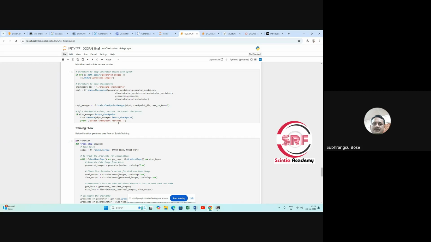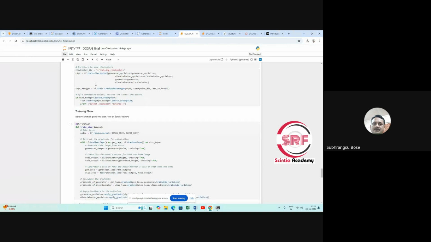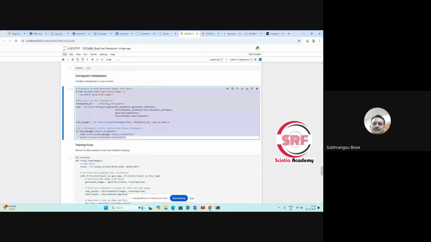It should be stored using os.path, checking if the generated image directory exists, and making the generated image directory. It is stored. This is very important.